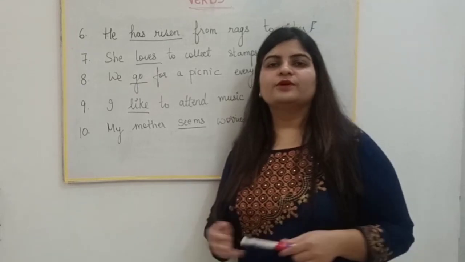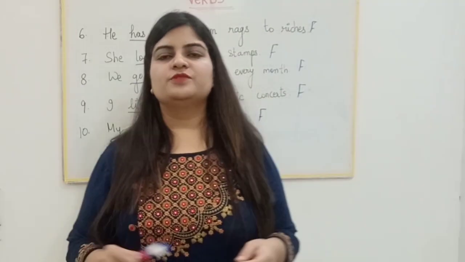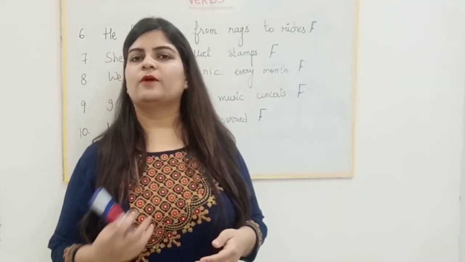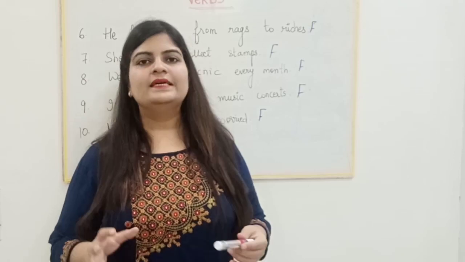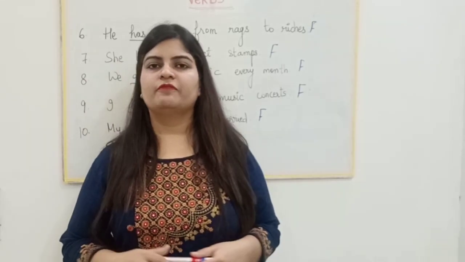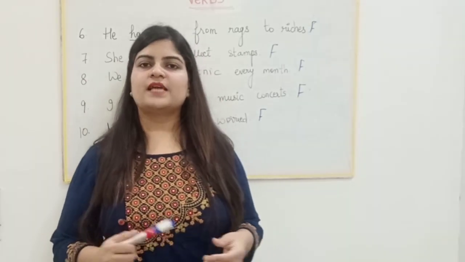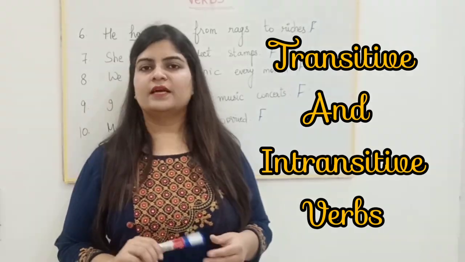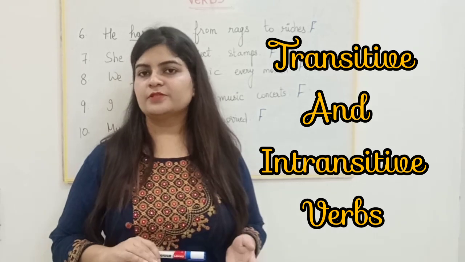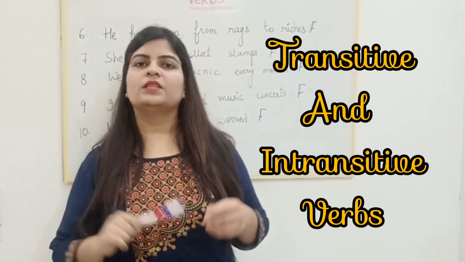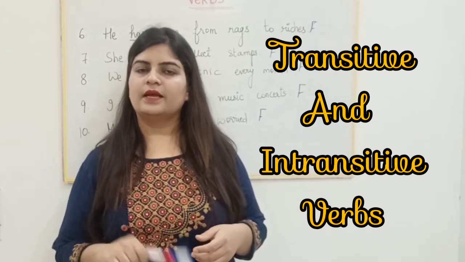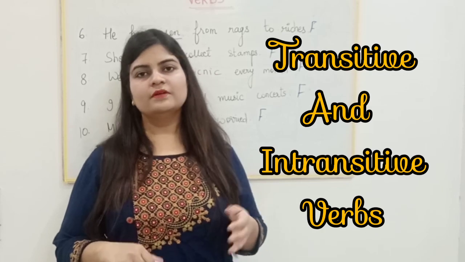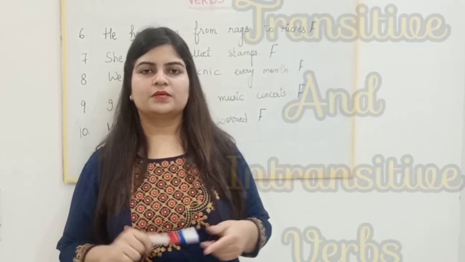So that was all for the second part of the verb, in which we understood what are the different forms of verbs. Let's have a quick recap at what we have studied. We started from transitive and intransitive verbs. Transitive verbs can transfer their action on the object, whereas in intransitive there is no object.